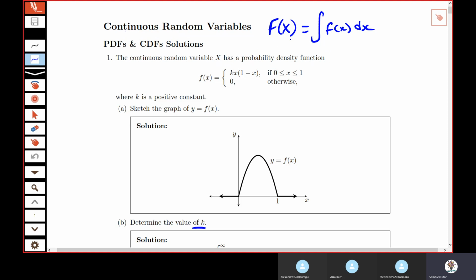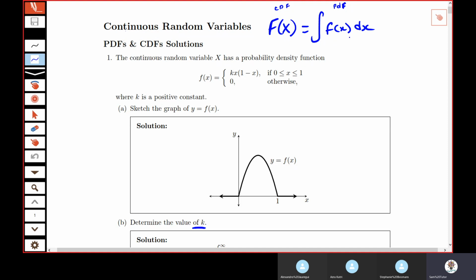So CDF is the integral of PDF, which means PDF is the derivative of your CDF.